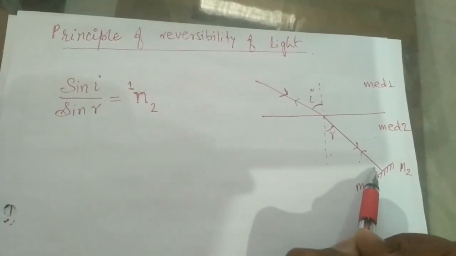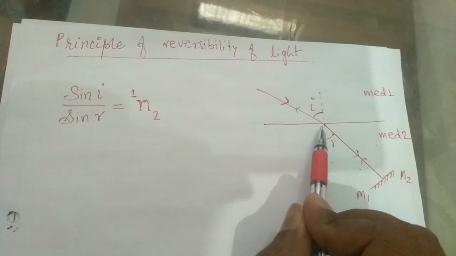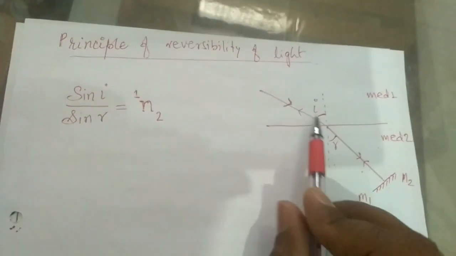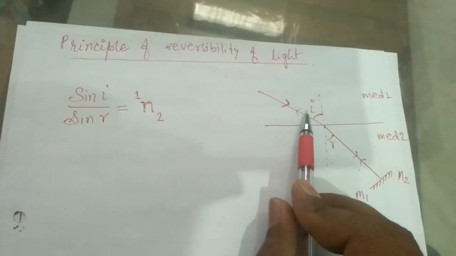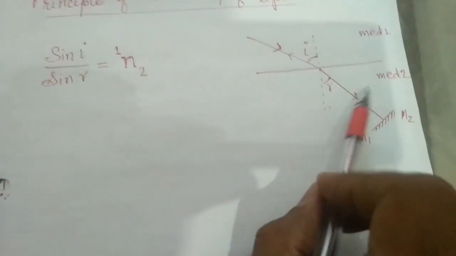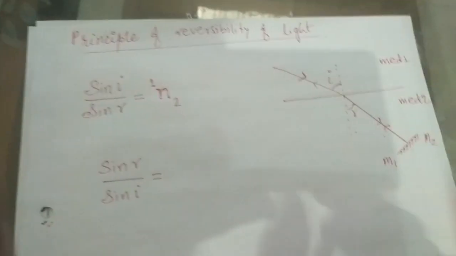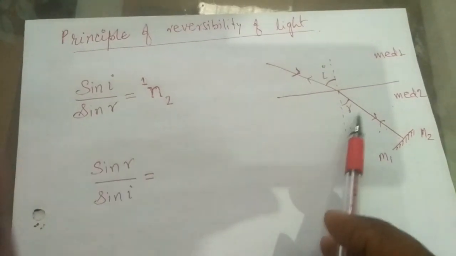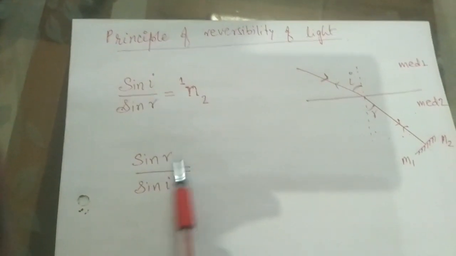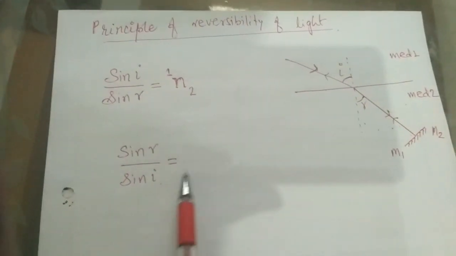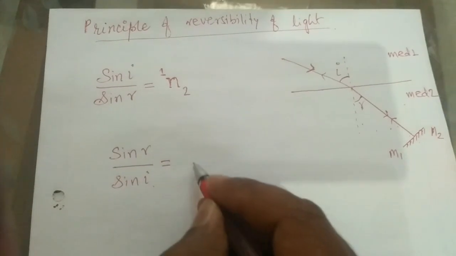This becomes the angle of incidence and this one becomes the angle of refraction. Now, writing Snell's law for light going from medium 2 to medium 1: the angle of incidence was r, so sine of the angle of incidence, symbol r, with the sine of the angle of refraction, symbol I. So we will write the refractive index, that was n.